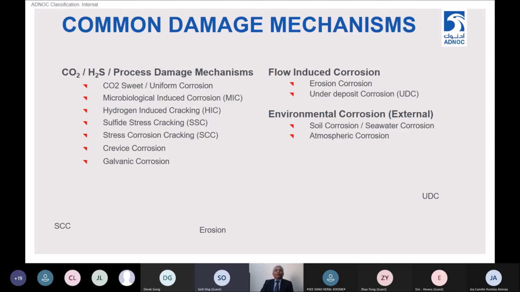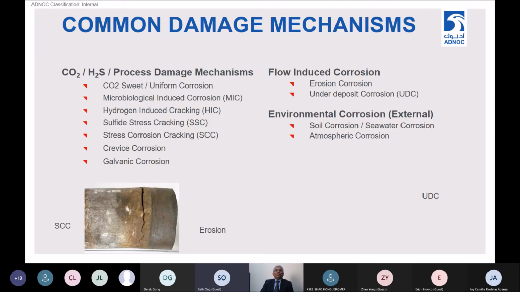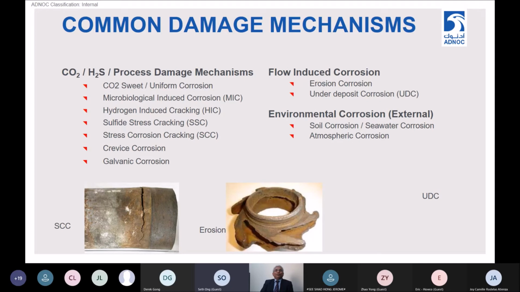A number of environmentally assisted cracking mechanisms are also a source of failure in our facilities, which need focus and understanding, of course. Example of stress corrosion cracking, example of erosion damage and under deposit corrosion here.